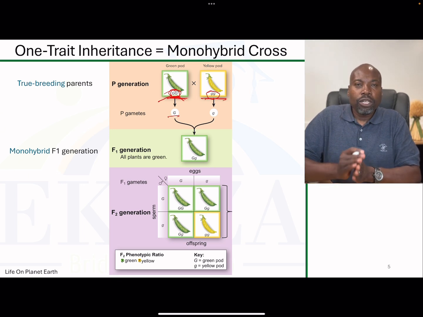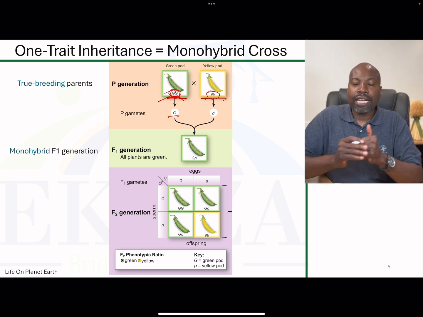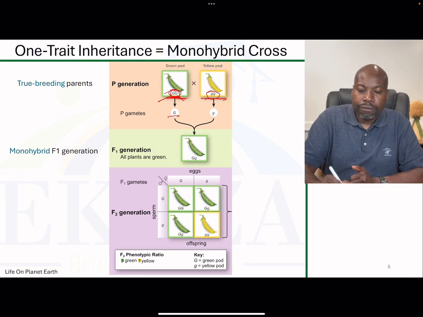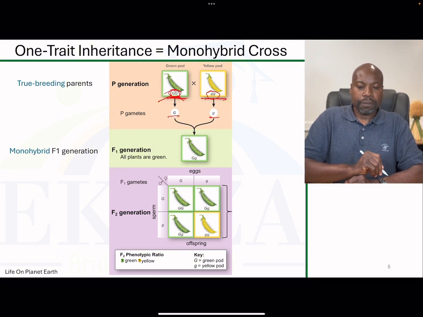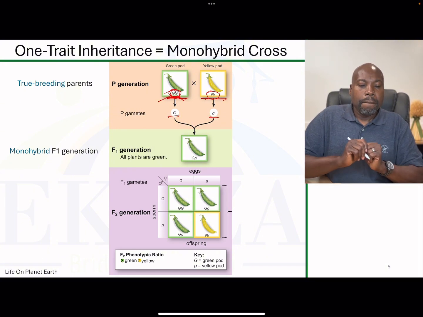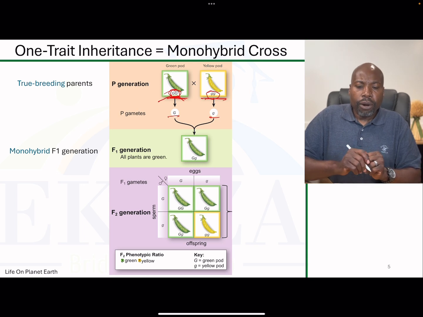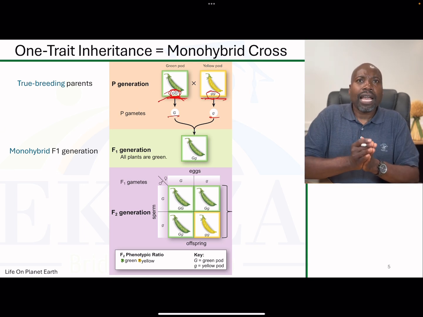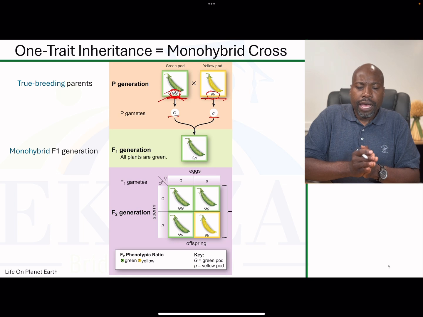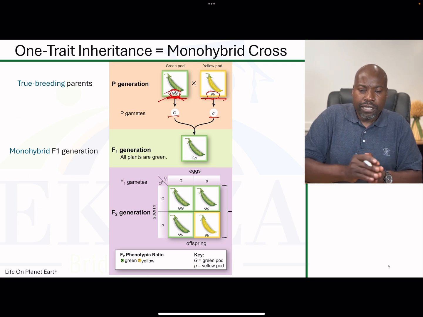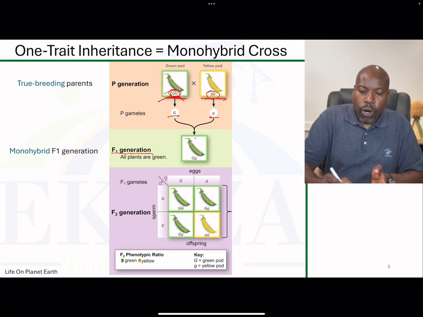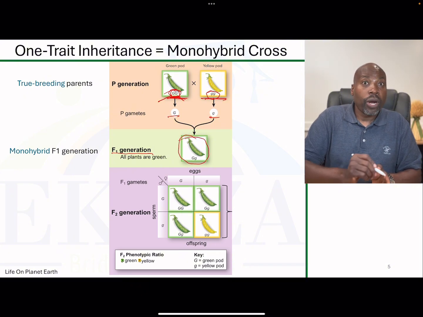Likewise, when we look at the plant with the yellow pods, they're going to produce one kind of gamete, the gamete with lowercase g. So then Mendel brought these two gametes together, and what he observed in the first generation is that all pods were green.